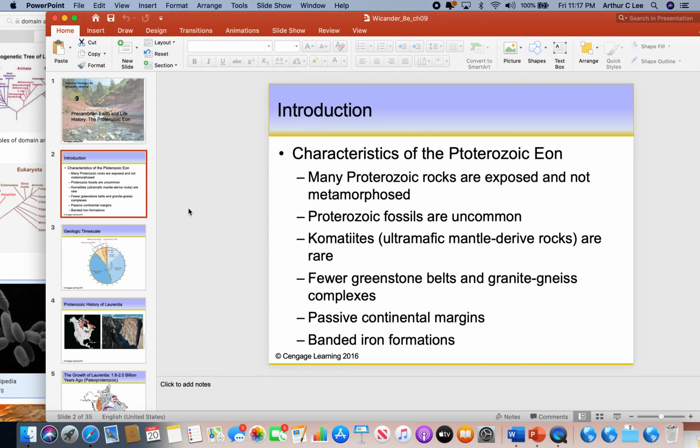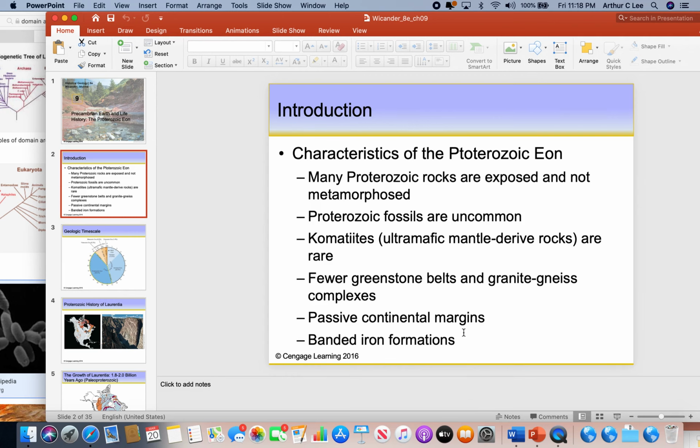Another thing about the Proterozoic you want to remember is that we don't find greenstone belts and granite gneiss complexes like we did back during the Archean. The Earth is starting to cool down. We also start to get passive continental margins.